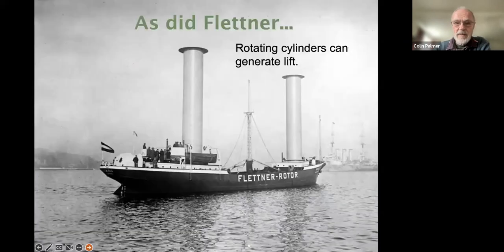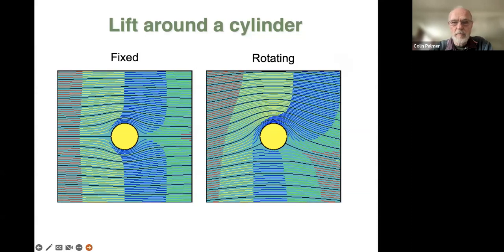And interestingly, back in the 30s, a German guy called Anton Flettner built a ship which crossed the Atlantic with these rotating cylinders. So even a cylindrical shape can generate lift. I mean, they have to rotate in order to do that, but they generate lift. And you can see here the flow patterns.